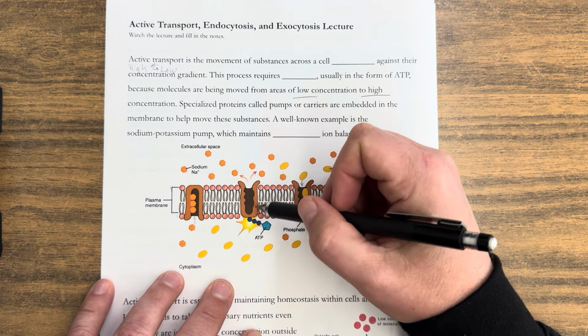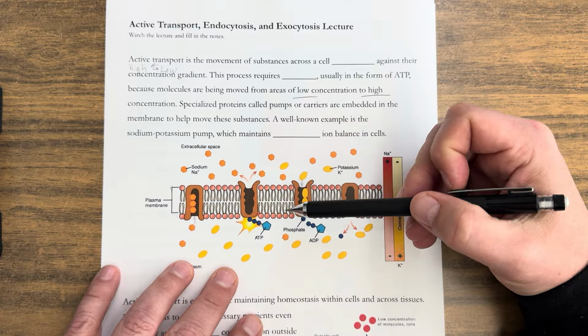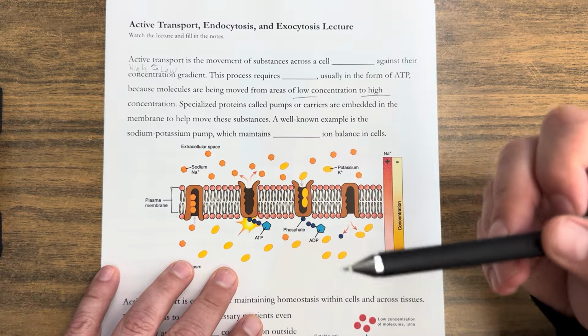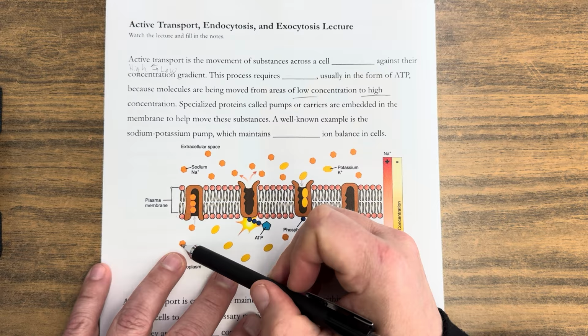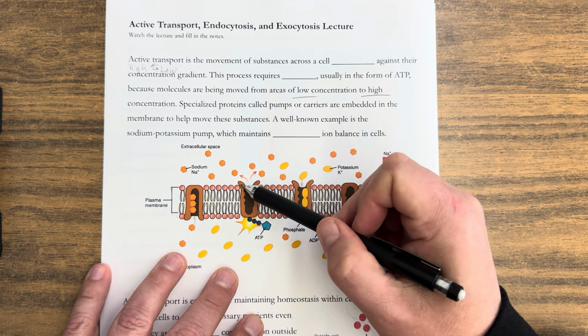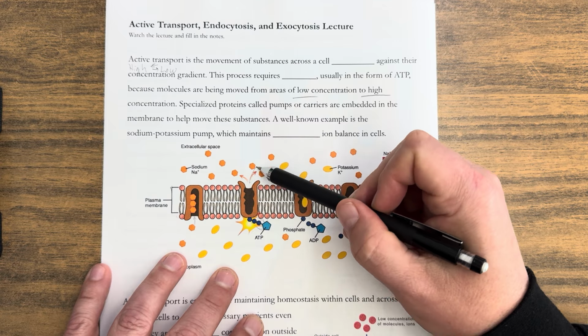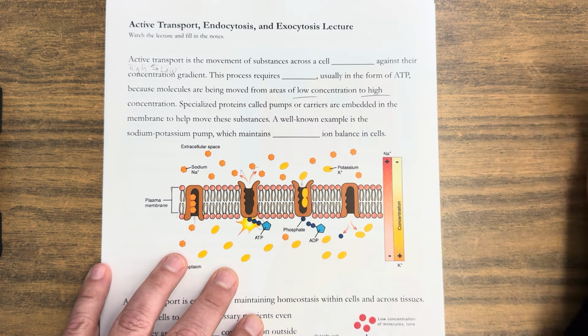And what it's showing here are proteins that are going to act as pumps or carriers, moving things against their concentration gradient. The sodium comes into this one. You get a conformation change because of an energy input, and then they're expelled out into an area of high concentration.